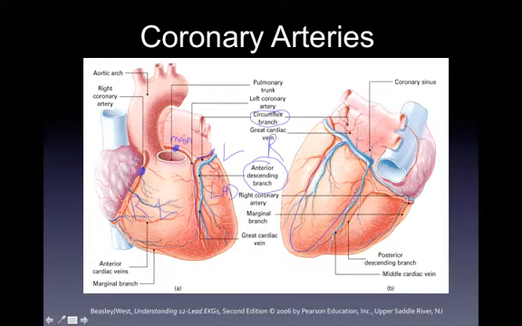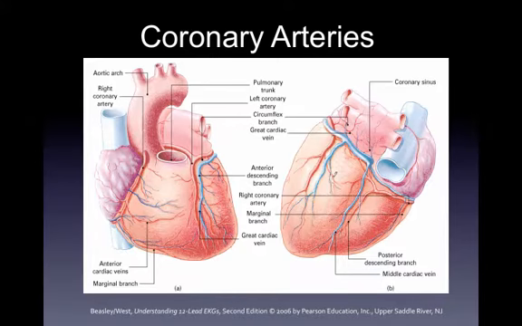Now this is very difficult to show on this slide, so bear with me here for a second. This is considered the inferior wall. Why it's called the inferior wall is because this section right here that I just circled is called the inferior wall.